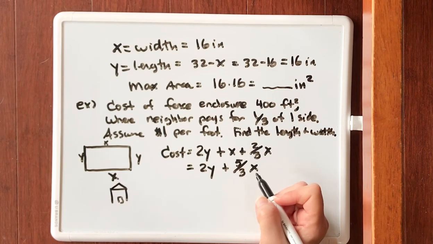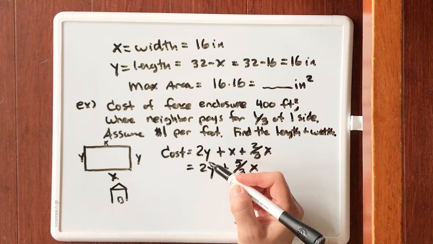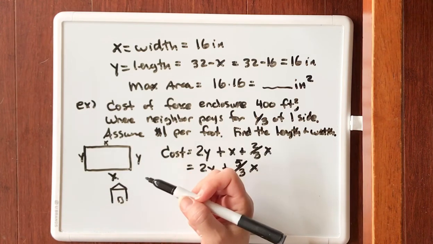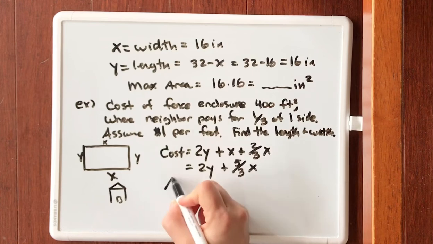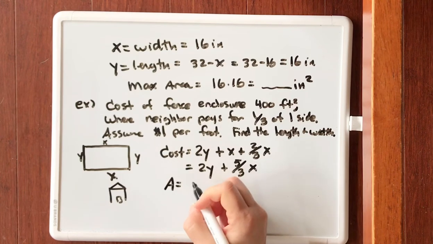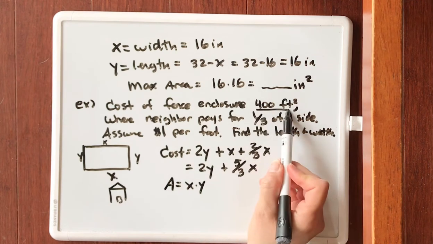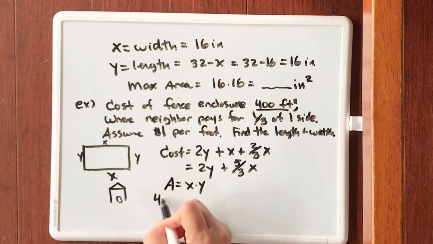Okay, now they gave us cost. What else did they give us? They gave us somewhat of an area. So we know area is X times Y. All right, and they gave us 400 feet squared. So we're going to utilize that.